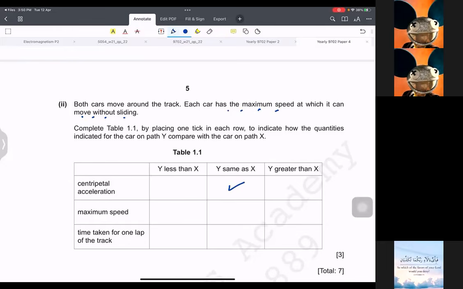Maximum speed of Y can be greater than X. The reason behind this is that F is equal to mv squared over r, right? So because Y has a greater radius, greater radius means greater speed can be achieved. Time taken for 1 lap, so of course he has to move more distance. So it should be greater as well.